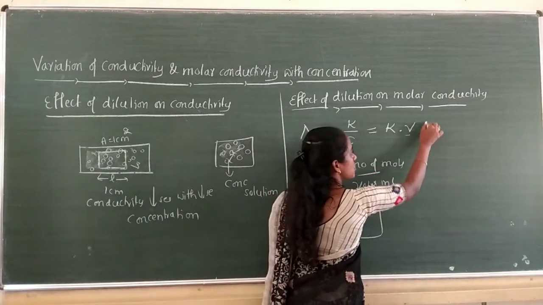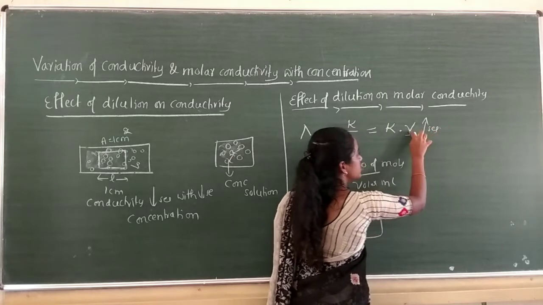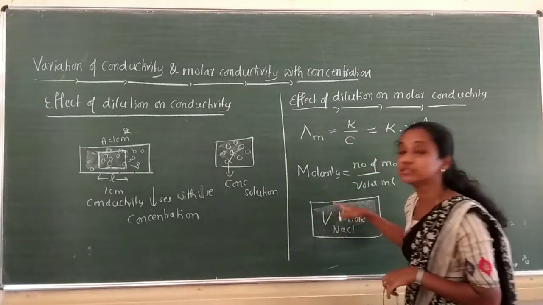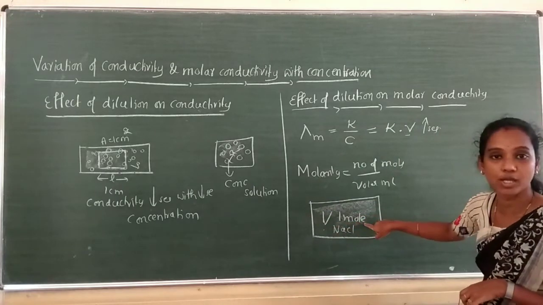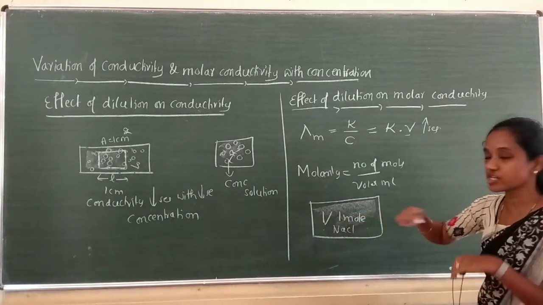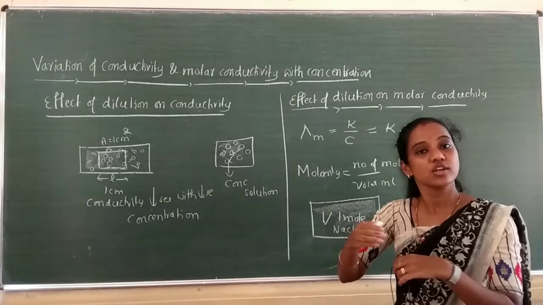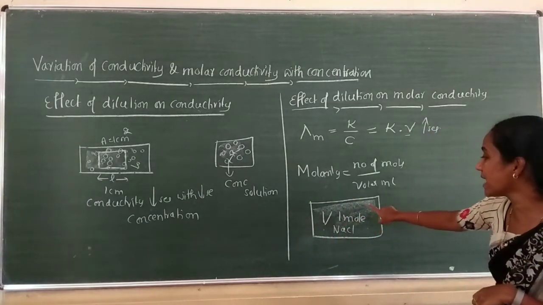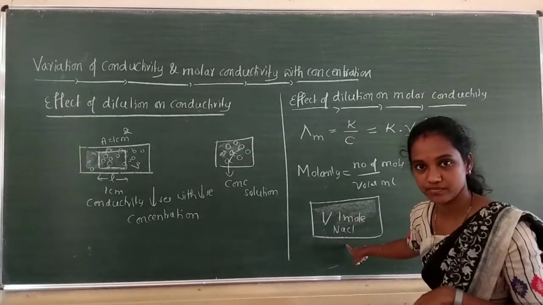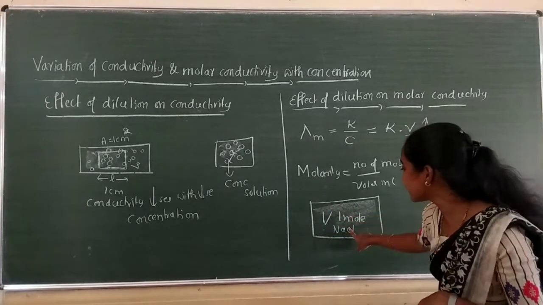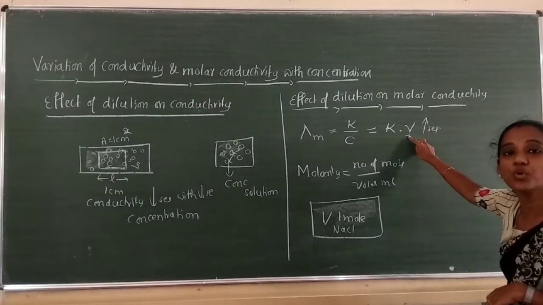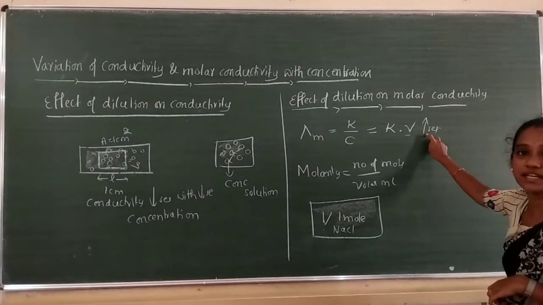So V goes on increasing, which contains 1 mole of the electrolyte. We are decreasing the concentration, and to decrease the concentration we just dilute the solution. The solution can be diluted by adding excess of water or solvent. As a result, the volume of the solution which contains 1 mole of electrolyte increases.